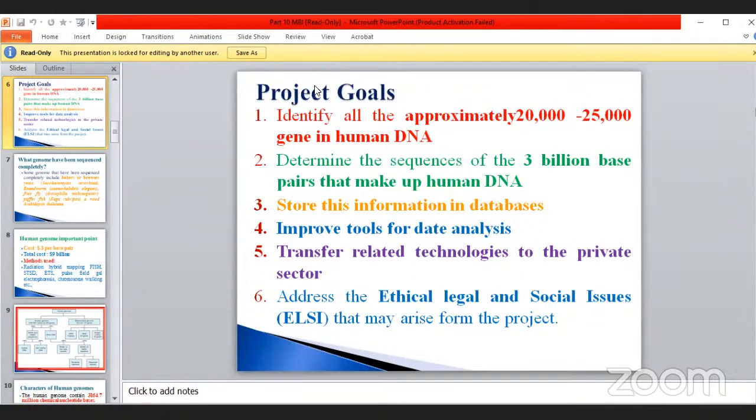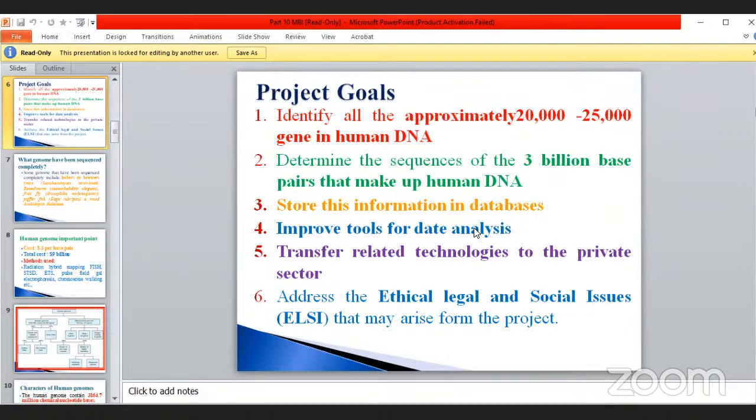Likewise, for the Human Genome Project, what are the improved tools for the data? Improve the tools for data analysis. Okay, it is another point, also called, what is that? Nowadays, you know about that. Which one do you know? Artificial intelligence.